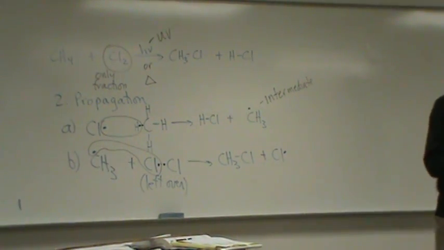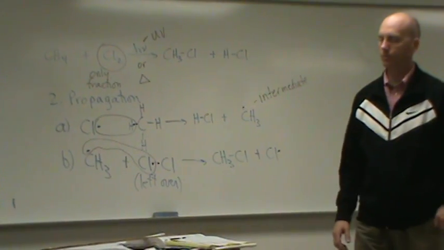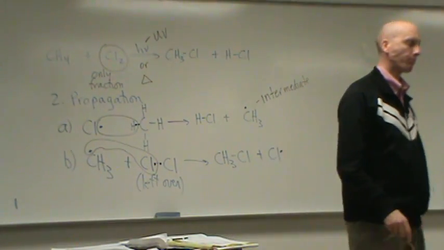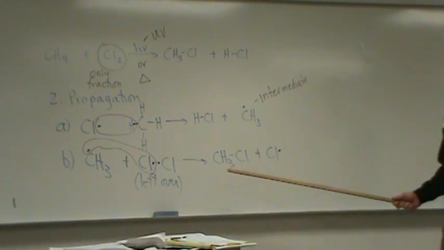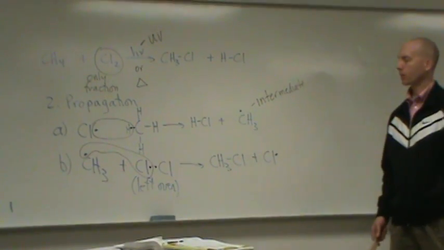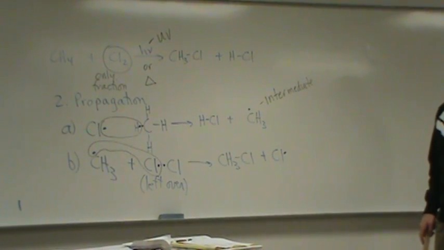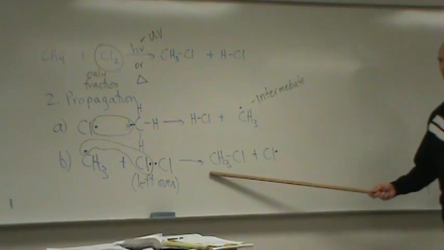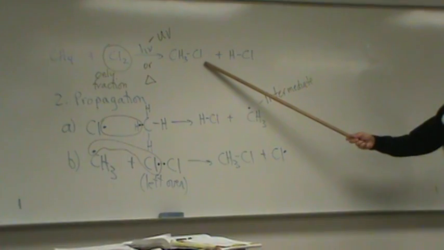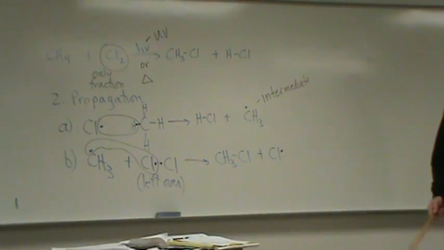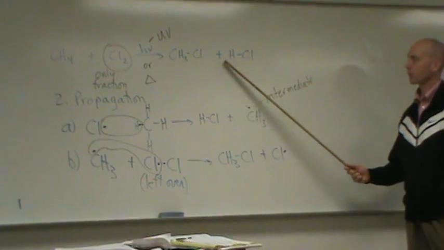We would get those two things there. Cl dot would be the propagated radical that passed on from the methyl. And what is this thing here? It's another product. So here we have found out how both of these products form.